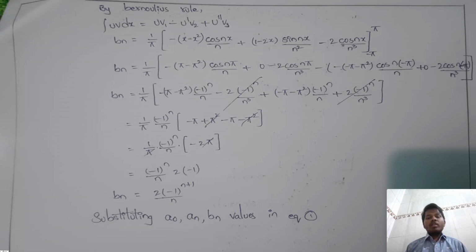So the minus value and the plus value get cancelled. So bn value is 1 by pi, minus 1 whole power n by n into minus pi plus pi square minus pi minus pi square. Here also the positive and the negative values get eliminated. 1 by pi, minus 1 whole power n by n into minus of 2 pi.